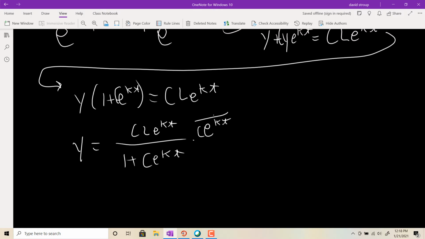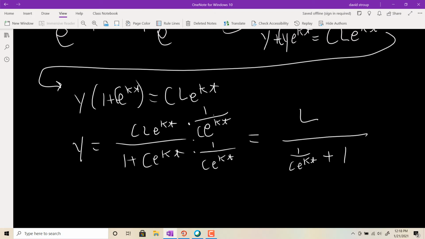Okay, so I guess multiply by 1 over that, 1 all over C e to the kt. That'll give me up top just L. On the bottom, I'll have 1 all over C e to the kt plus 1.